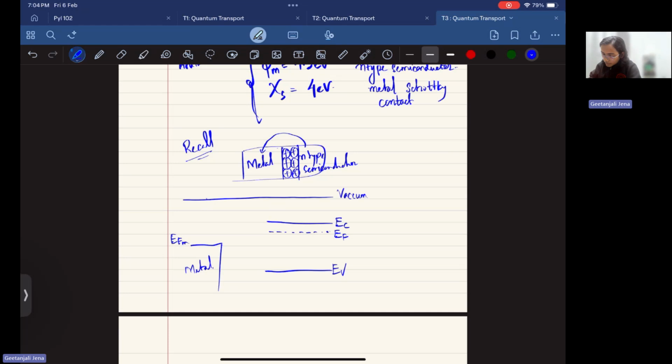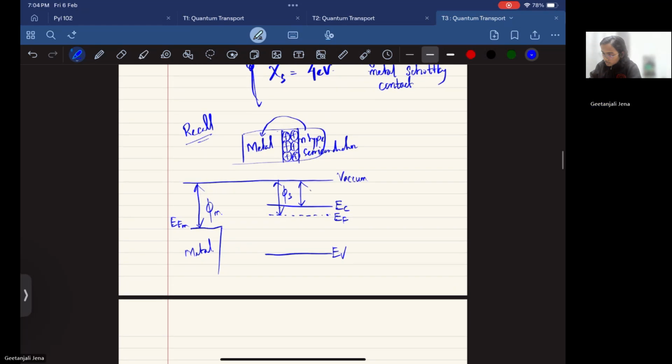The gap between the Fermi level and the vacuum is the work function of the metal, and for the semiconductor, this is the work function of the semiconductor. The energy difference between the vacuum and the conduction band edge is the electron affinity.